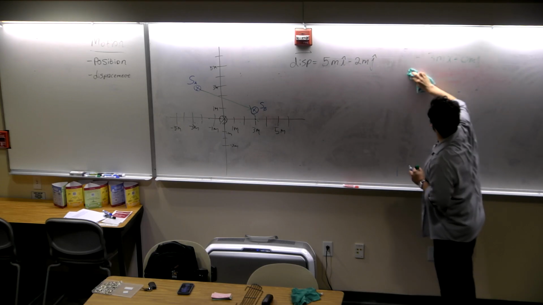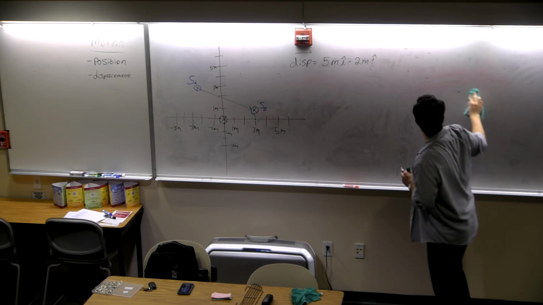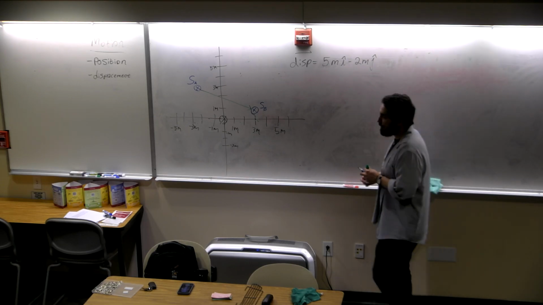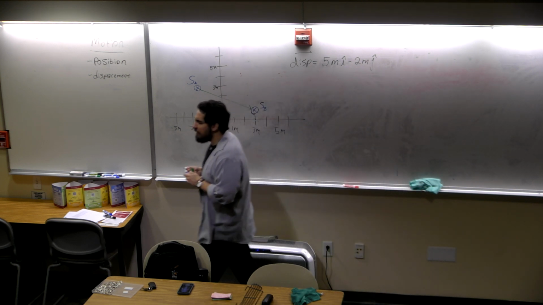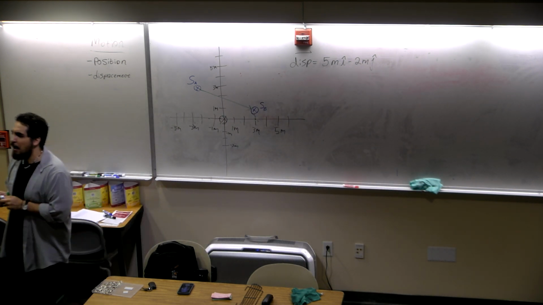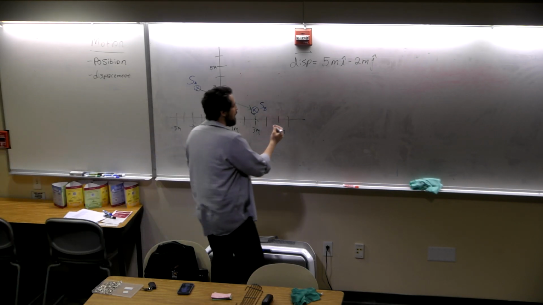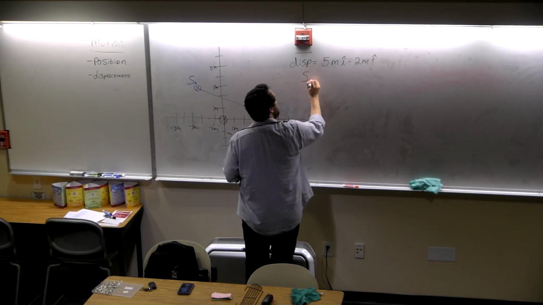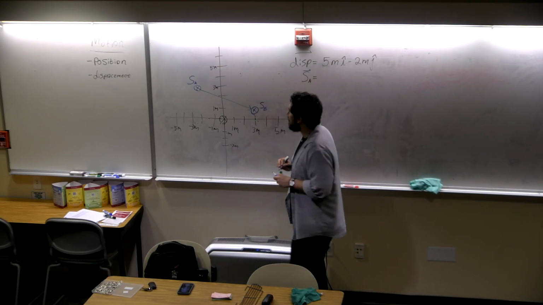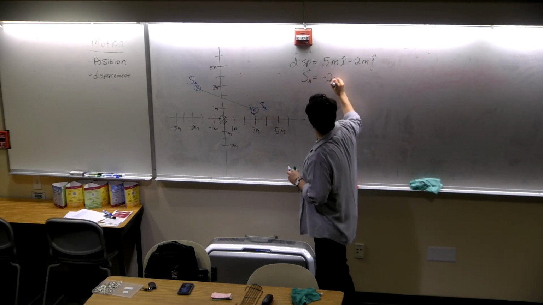And then we ask ourselves, well, what is position B? Position B, we look at it and we say, well, it's 3 meters to the right, 1 meter up. Position B is 3 meters i hat and 1 meter j hat. And do we feel good about that?